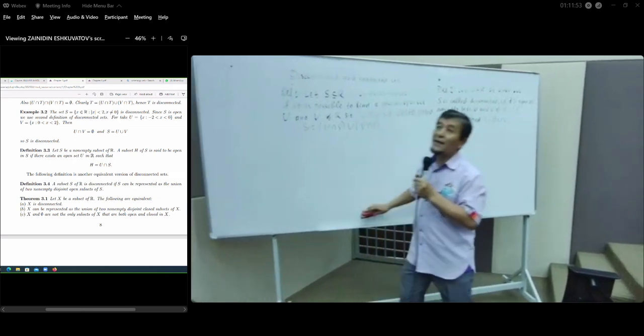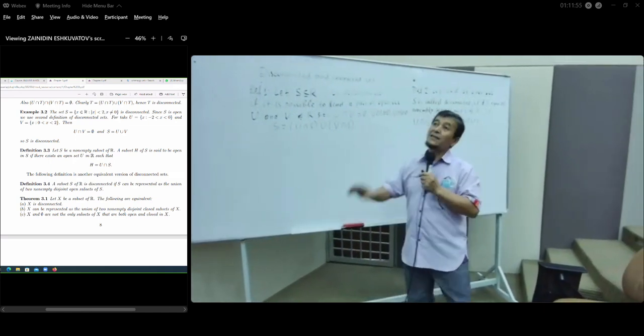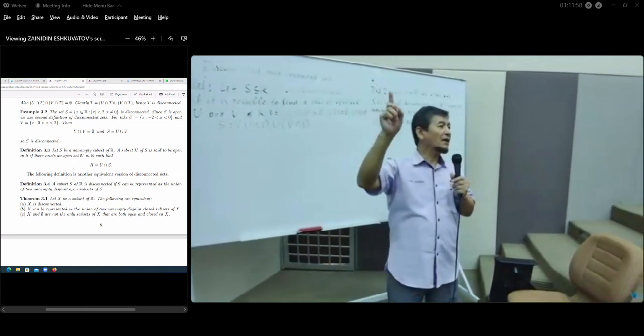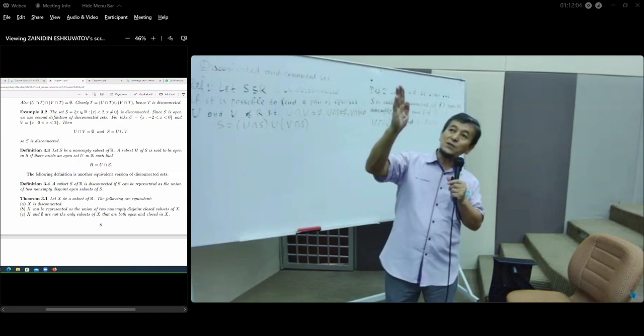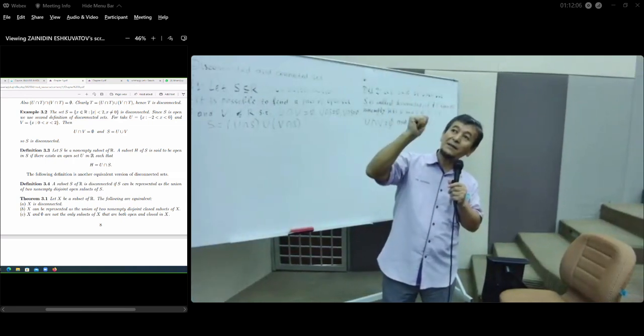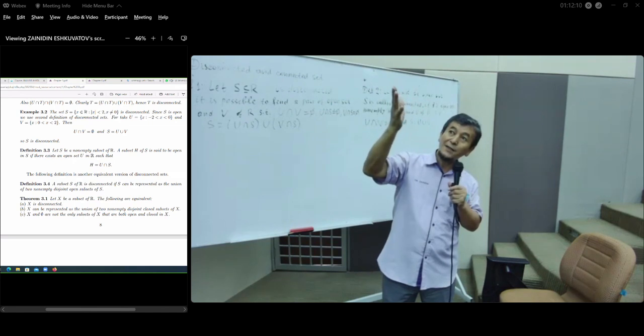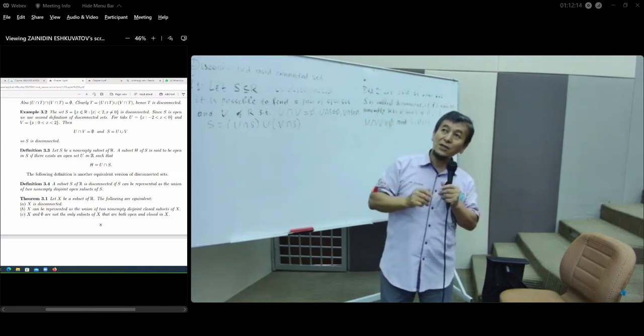So here, definition 3 is another alternative definition of the open set. Actually, there is no clear example, and I also wasn't able to construct an example for this definition.